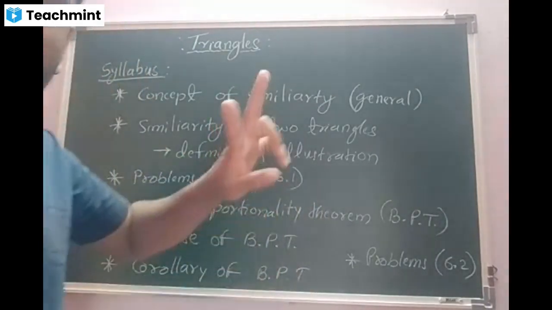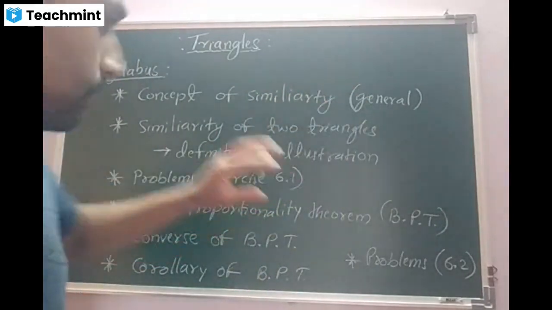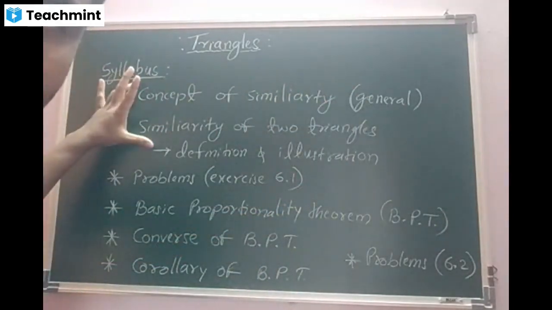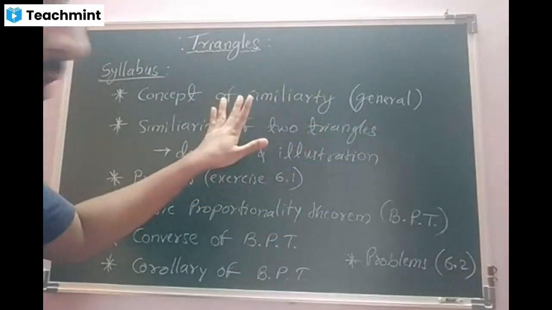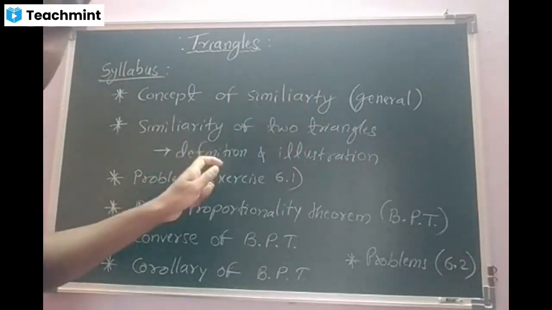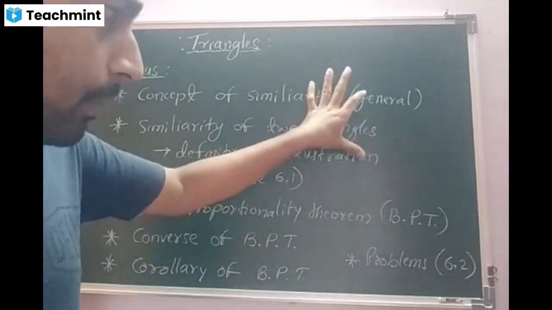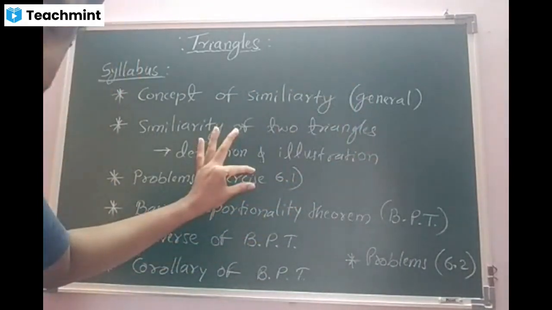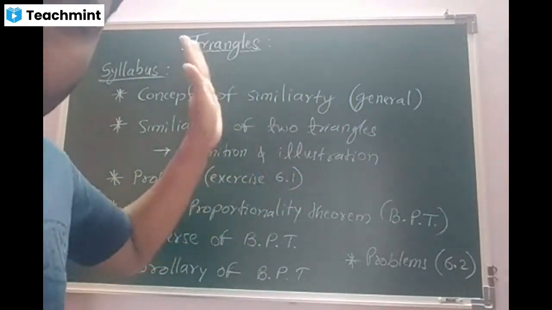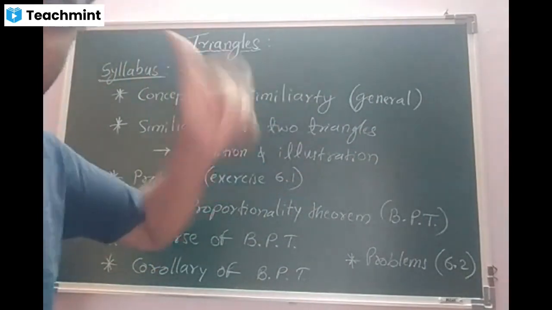Students, these are the first two parts of the syllabus. First part talks about the general definition of similarity and the specific definition of similarity of two triangles. Based on that, one small exercise which is like a warm-up for you people. Is it okay?